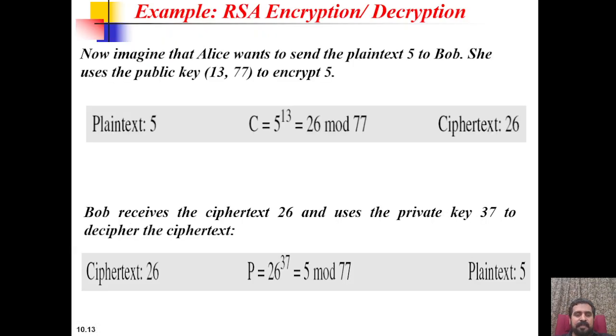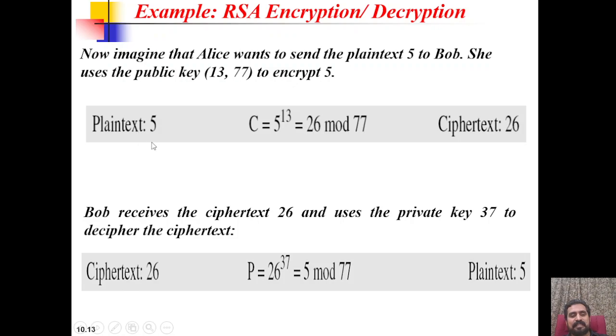Here is the example for the encryption and decryption algorithm. Imagine that Alice wants to send the plaintext 5 to Bob. She uses the public key 13, 77 to encrypt the message 5.